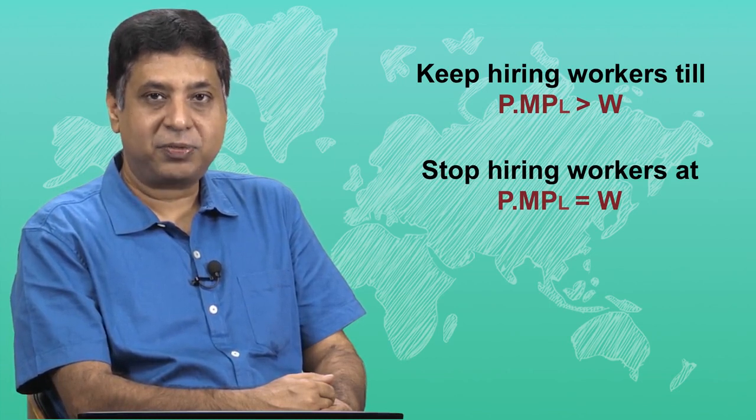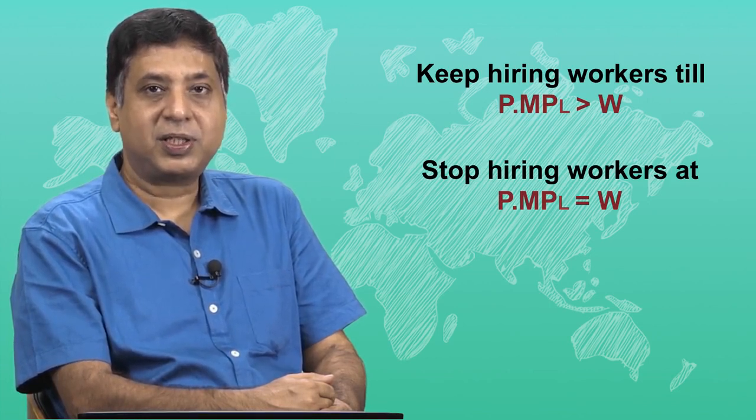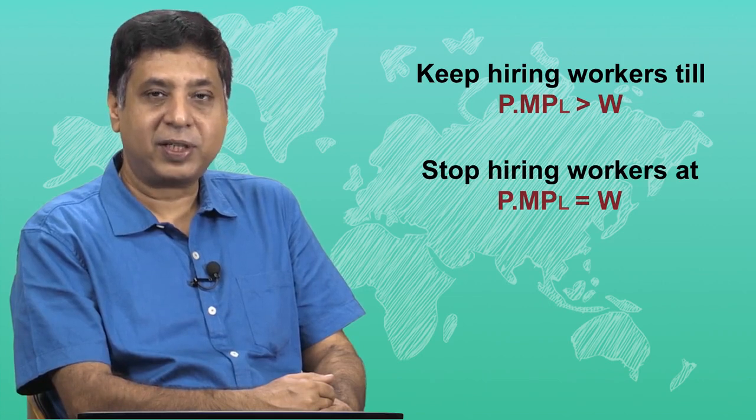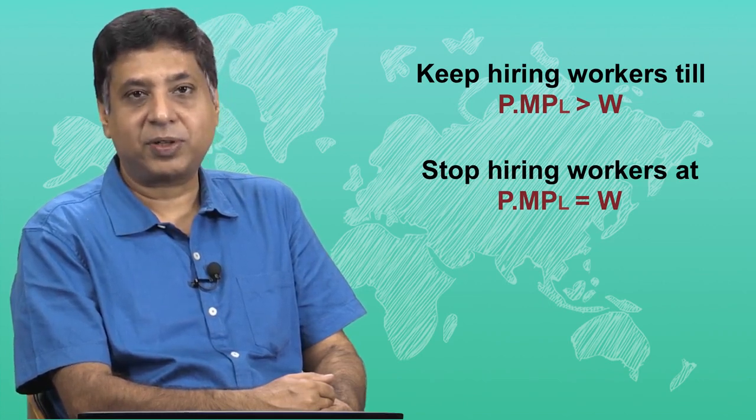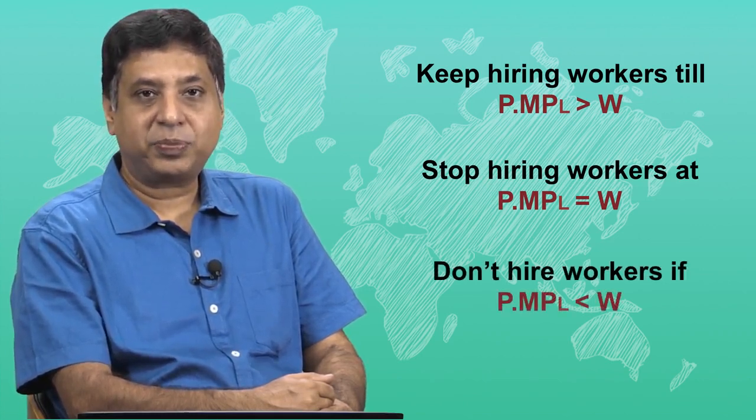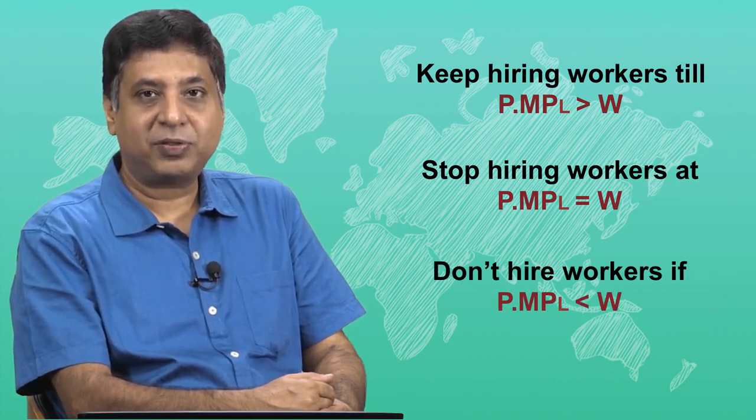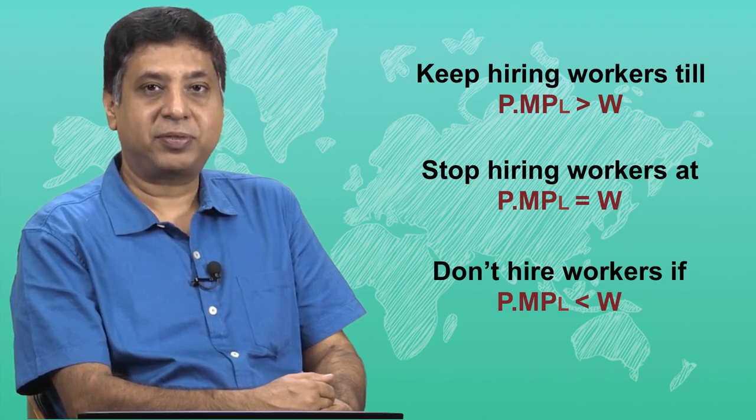But nevertheless, we have given you a simple way of finding out the right number of people to hire. Stop when you find the value of the marginal product is going below the wage.